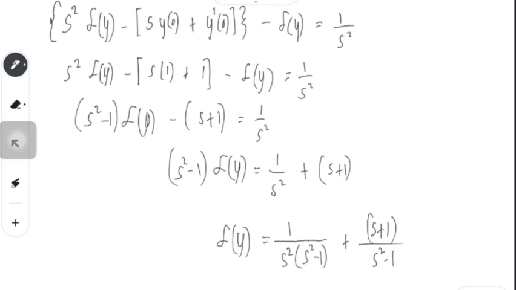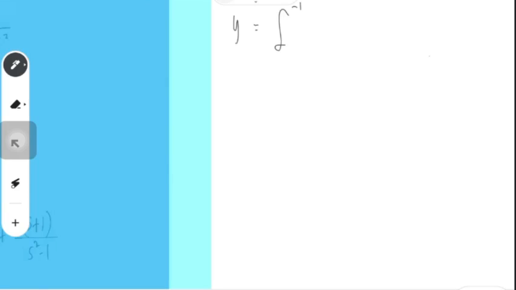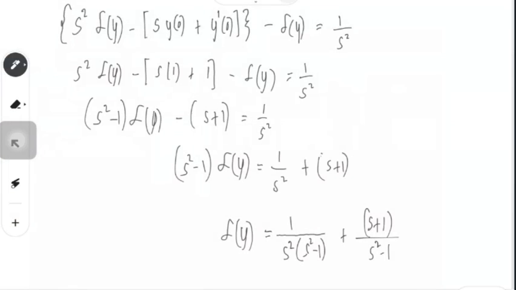Since we are interested on the y as a function of t, we have to take the inverse. Such that your y, the time domain, y a function of t is simply the inverse Laplace transform of the quantity, ano yun, 1 all over s squared, then s squared minus 1.